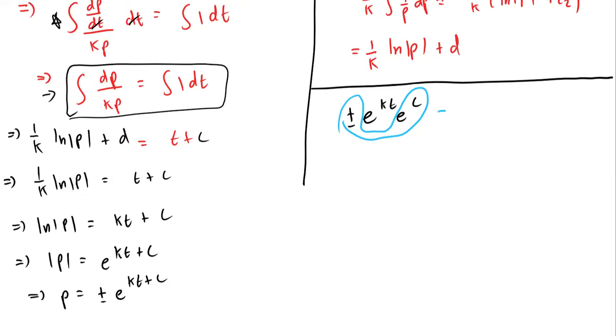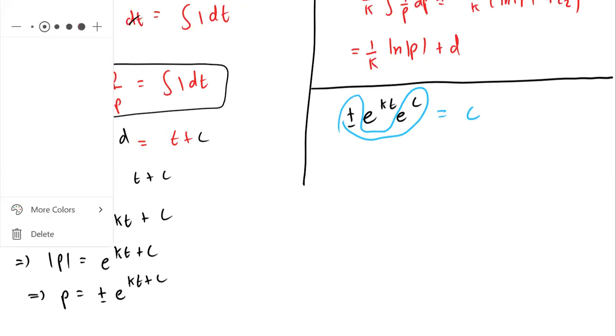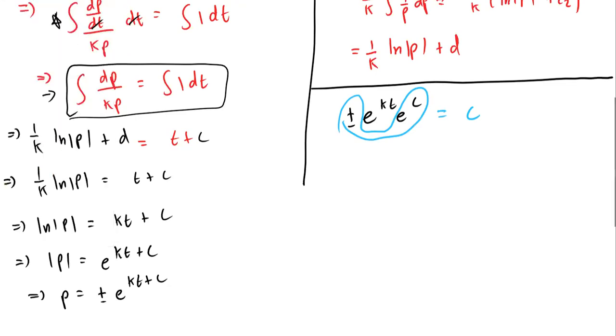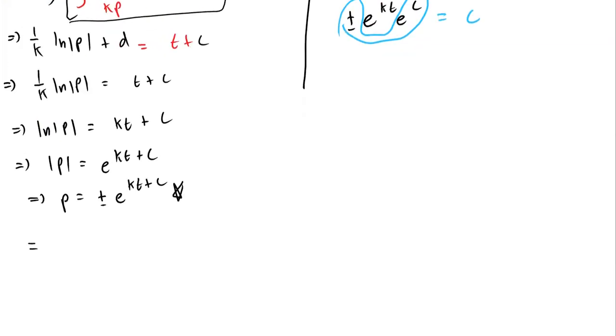So they write all of this as just an arbitrary constant c. It's the same thing, it just simplifies how the function looks. But I'm fine if you leave this as your final answer. If we simplify, we get plus or minus, that combines with e to the c, so it just becomes c e to the kt.